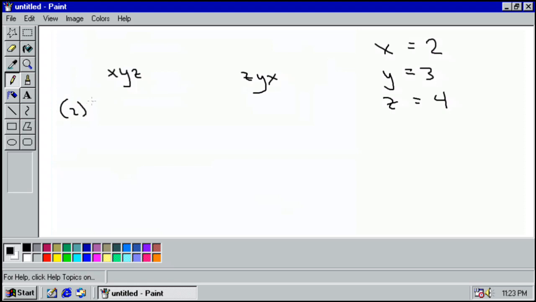So I have 2 times 3 times 4. Here we have 4 times 3 times 2. So 2 times 3 is 6, and 6 times 4 is equal to 24.